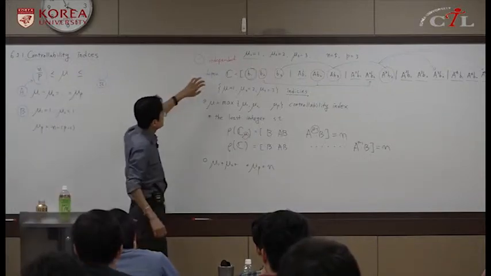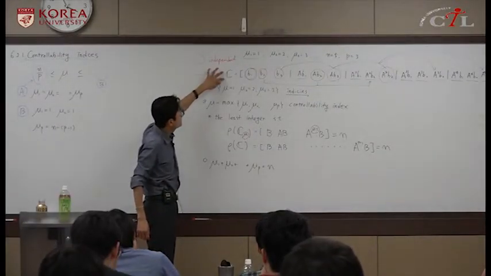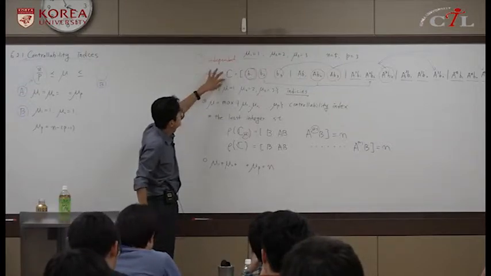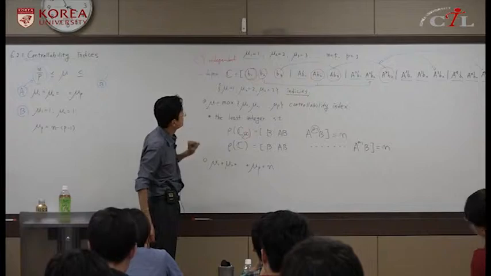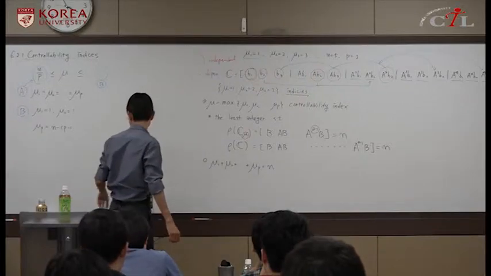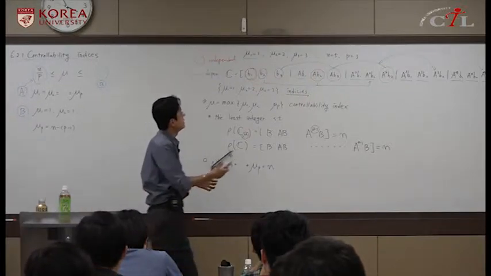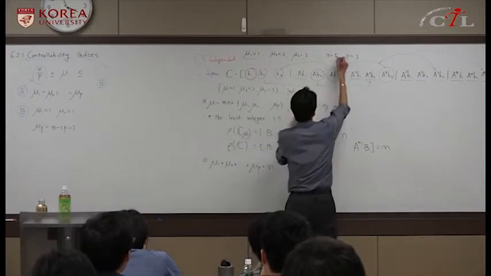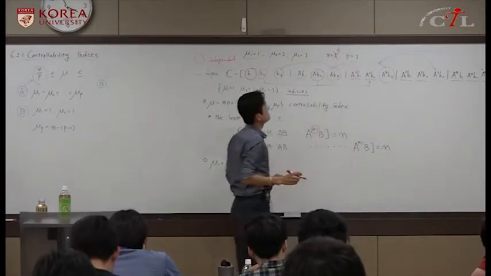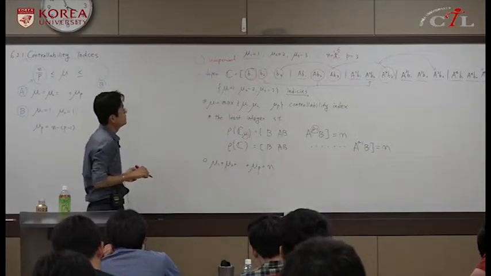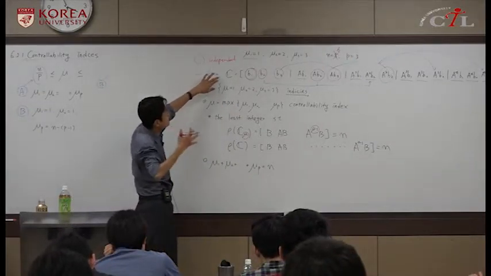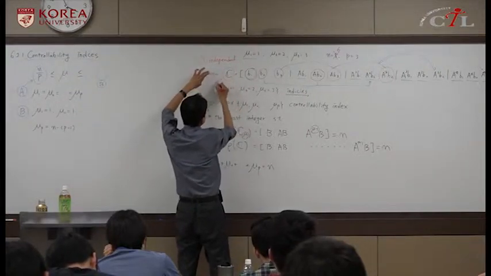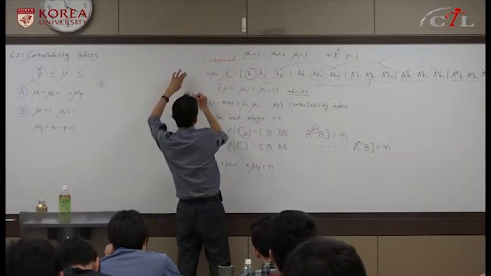Why? Because here, if the rank is, it doesn't make sense. It should be 6. Okay, so if the system is controllable, then in C, its rank should be 6, right?